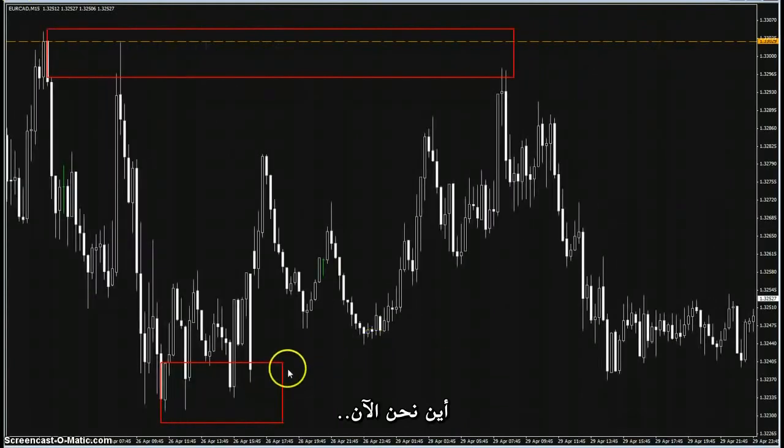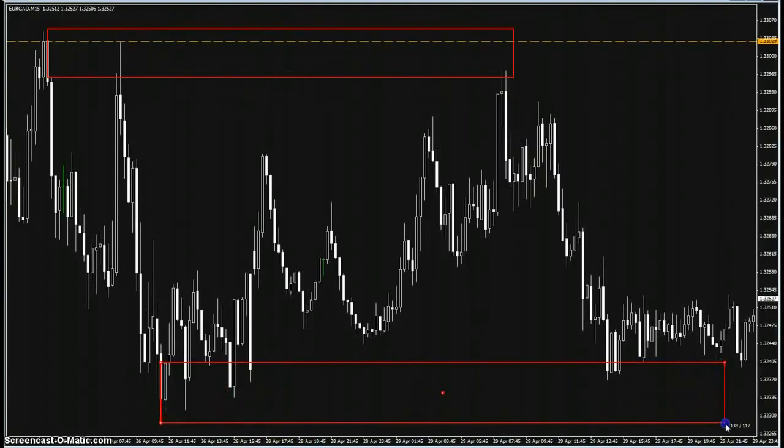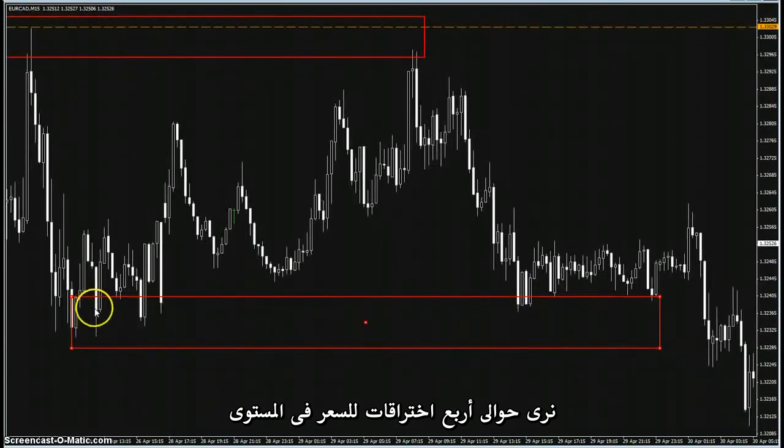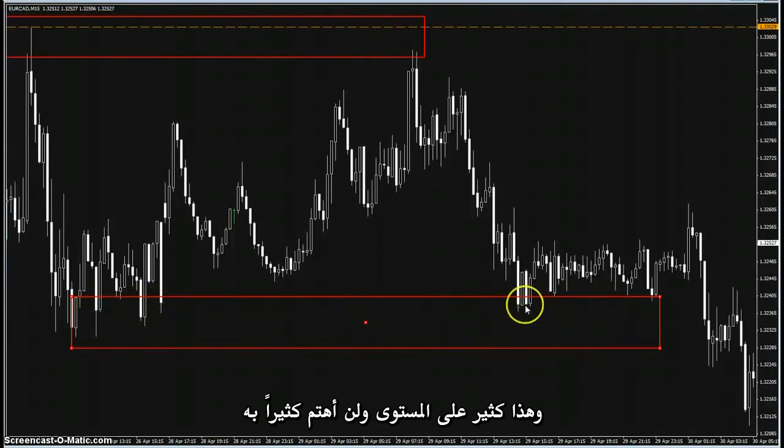Now where are we? All right. Well, now we're back into this supply level right here, right? So now you see we're getting reactions off this supply level. Now again, this is the third or fourth. You see all these drops back down into the level here. It's just like the third or fourth entry back into this level. So I'm not interested in longs at this point, right?